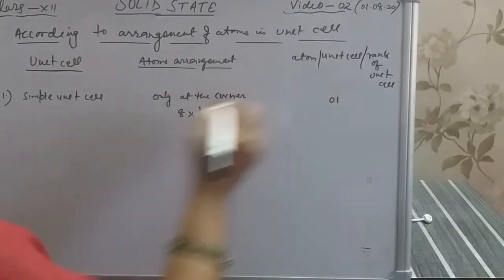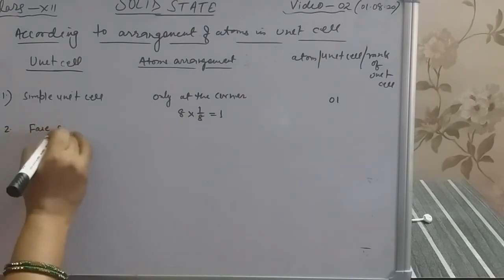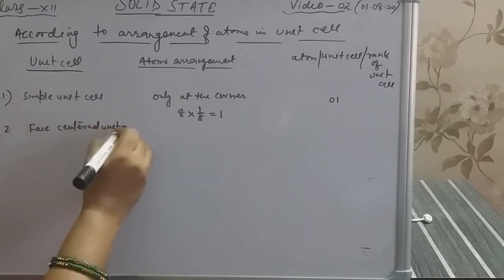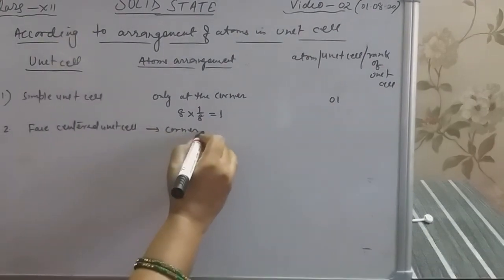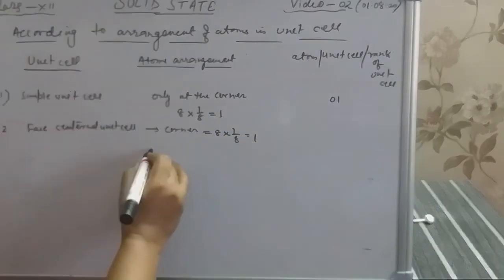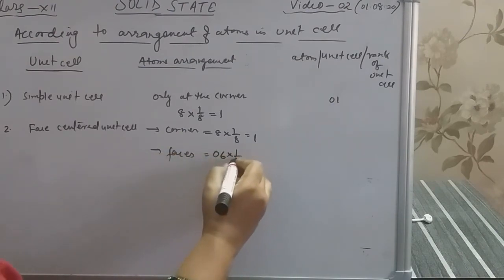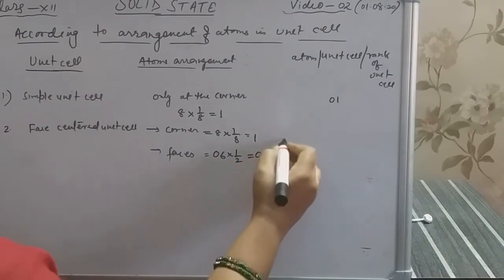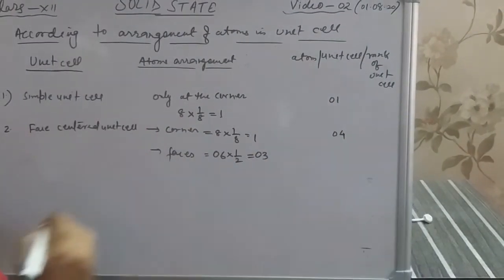is only 1. Next one is FCC, face centered unit cell. How many atoms at the corners? As we know, 8 into 1 by 8 equals 1, and faces, total 6 faces, and the contribution of an atom is half, so it comes to 3. So the total number of atoms in the cell, the rank of the cell, is 4.